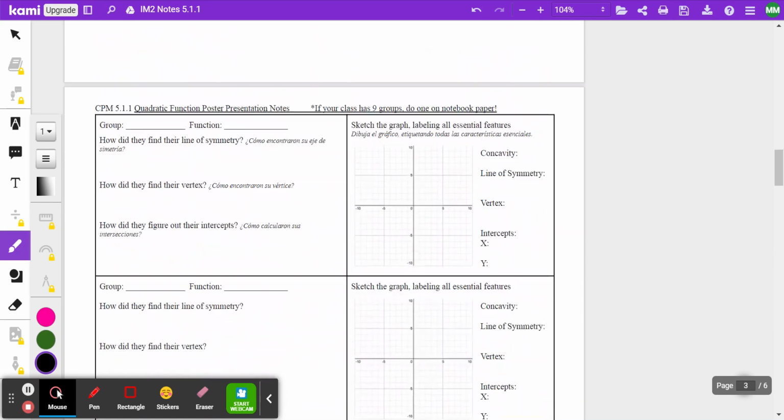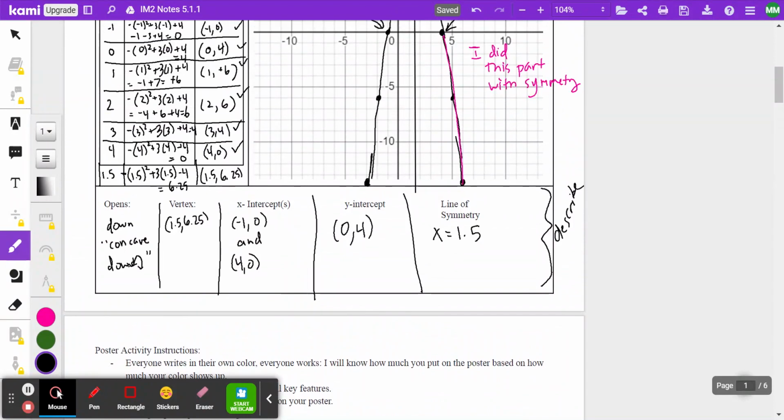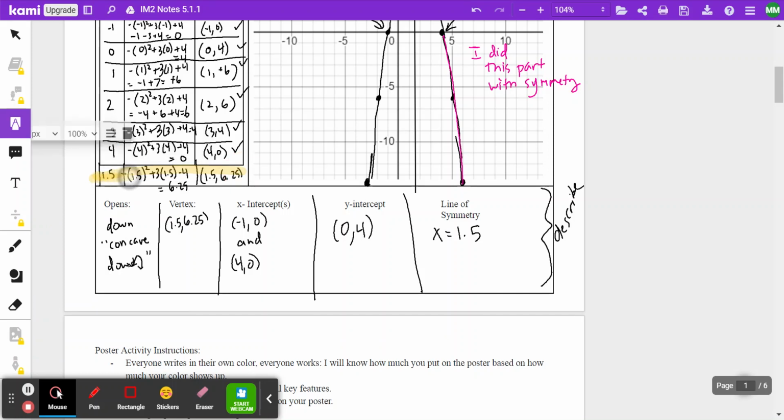We did that up here, when we plugged 1.5 from the line of symmetry into the equation and got 6.25 for y.